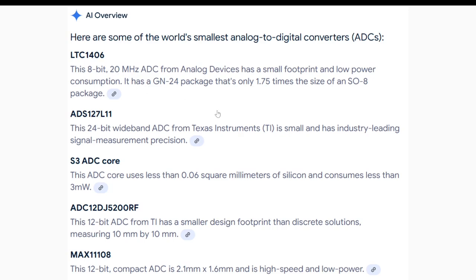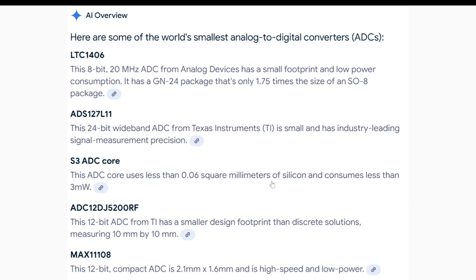Cool. Okay, so here are a few more examples of some of the smallest ADCs out there. Analog Devices is one of the leading companies when it comes to analog electronics. TI is both mixed signal, so digital and analog.